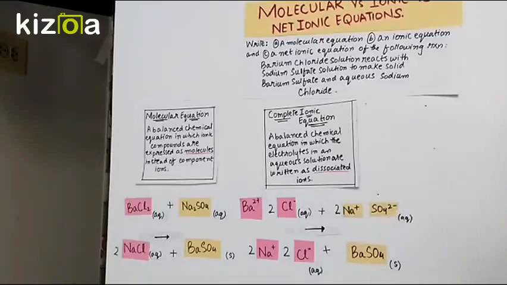At this point, we have written a complete ionic equation of the reaction given above because we dissociated into ions whichever ones were aqueous and were electrolytes in an aqueous solution.